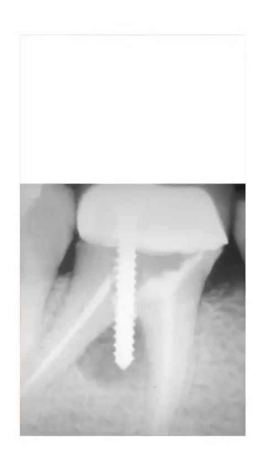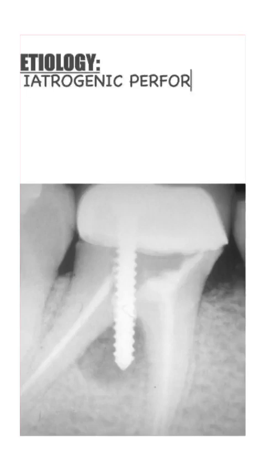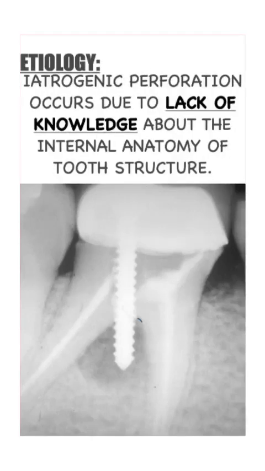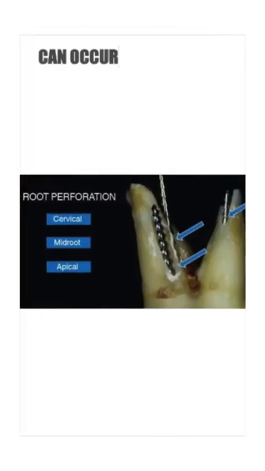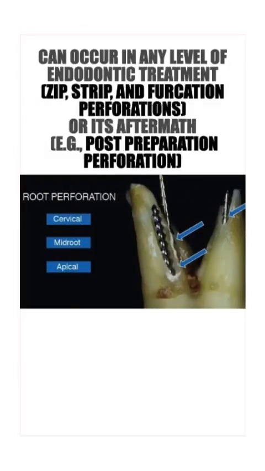The etiology of root perforations are iatrogenic perforation that occurs due to lack of knowledge about the internal anatomy of the tooth structure. It can occur at any level of the endodontic treatment.